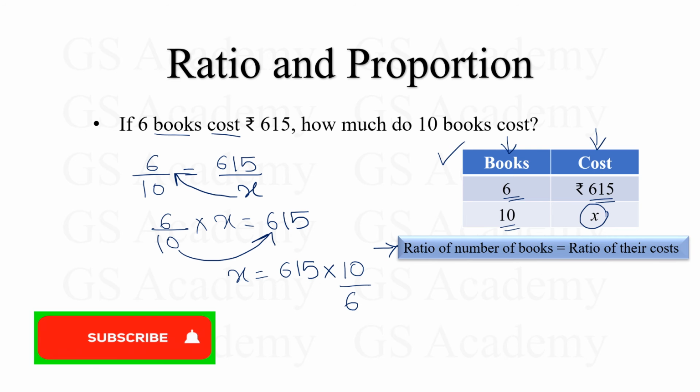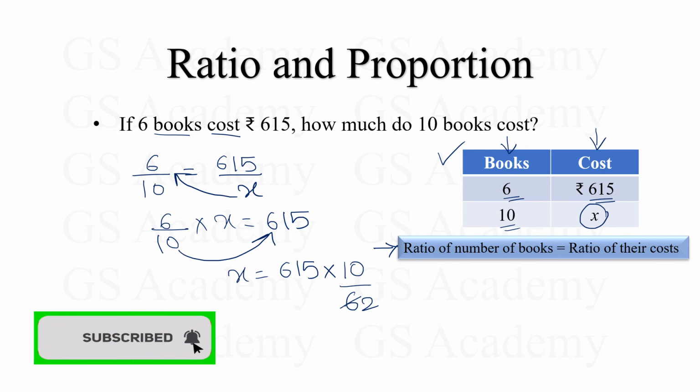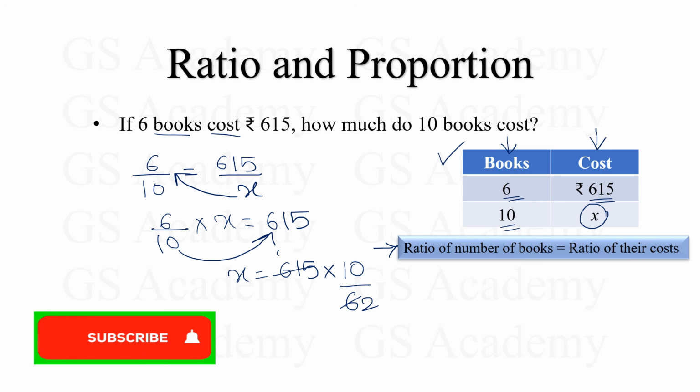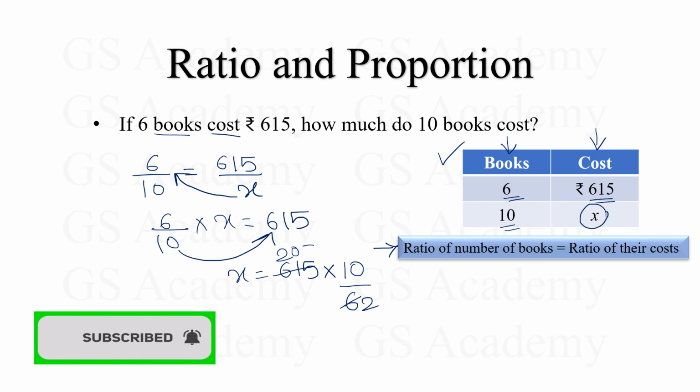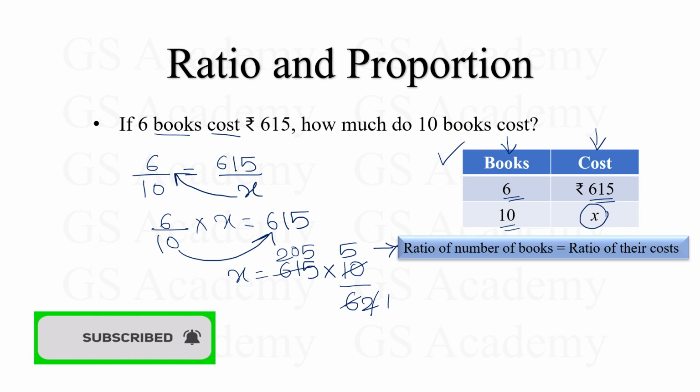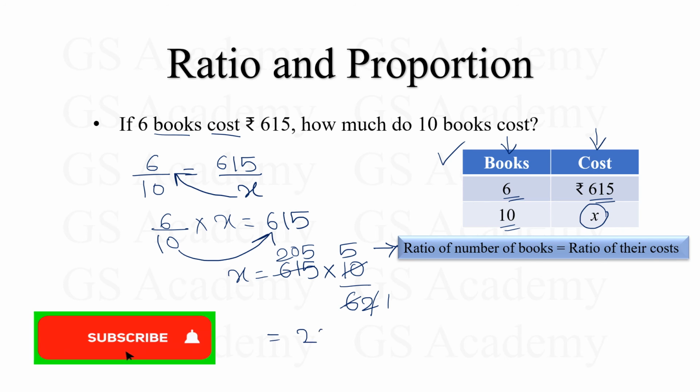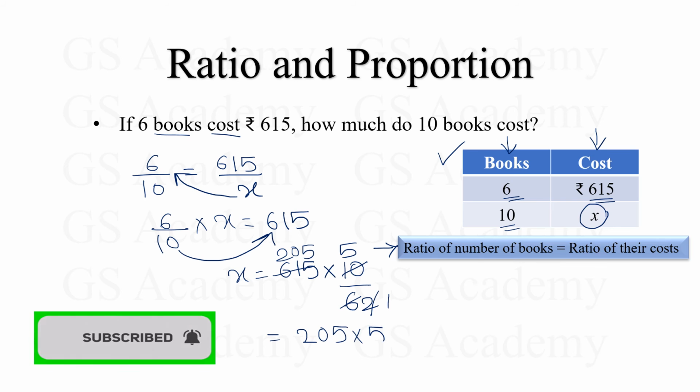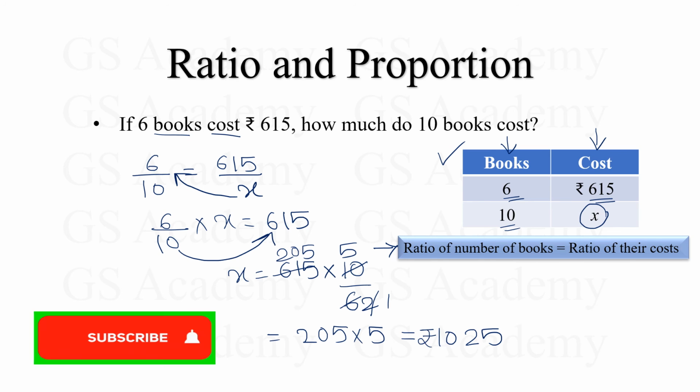So we will cut this as 3 2s are 6, 0, 3 5s are 15, 2 1s are 2 and 2 5s are 10. So this will be 205 into 5. So 5 5s are 25, 5 2s are 10. So the cost for 10 books will be rupees 1025.